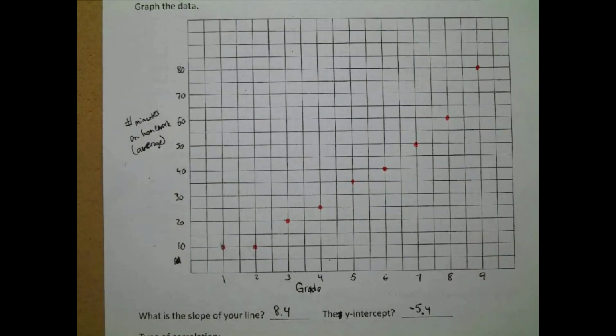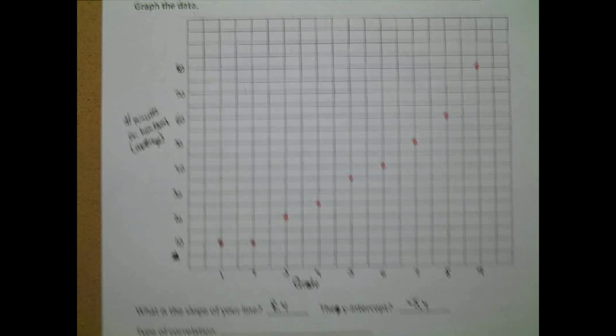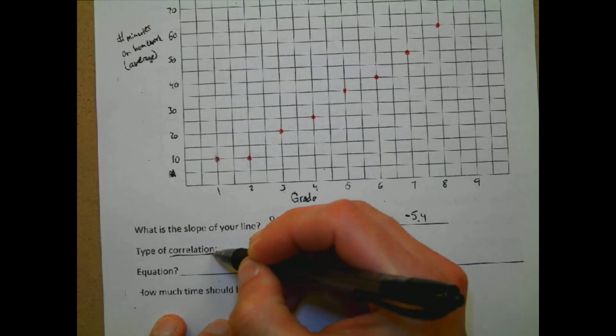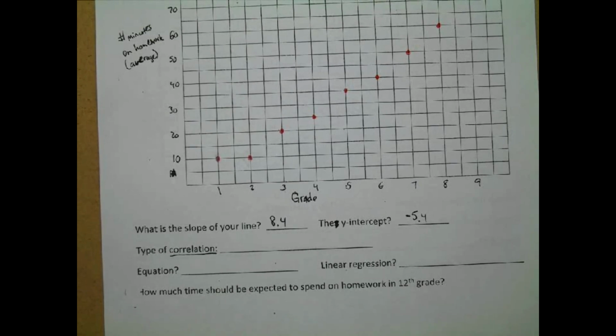Now, I want to be careful here. Type of correlation. Correlation doesn't refer to the shape of the graph necessarily. That's regression. We have exponential regression, linear regression, quadratic regression, all that stuff. Correlation refers to the trend of the data.